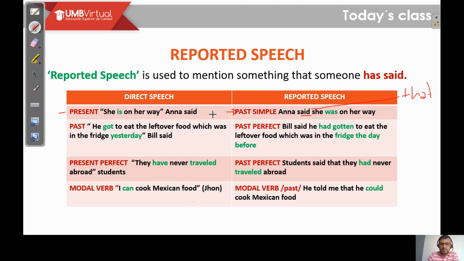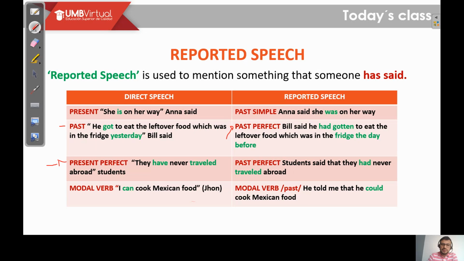Entonces, si está en presente, ella me lo dice, I'm on my way. Yo lo cambio a pasado simple. Si me lo dice en pasado simple, por supuesto, en mi reporte yo lo voy a cambiar a pasado perfecto porque me ando devolviendo un tiempo gramatical hacia atrás.